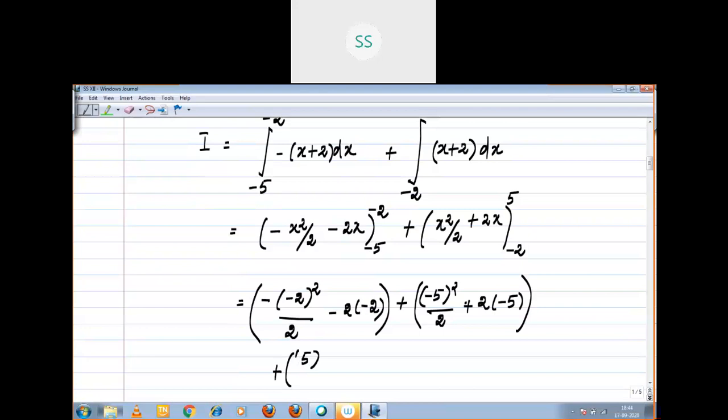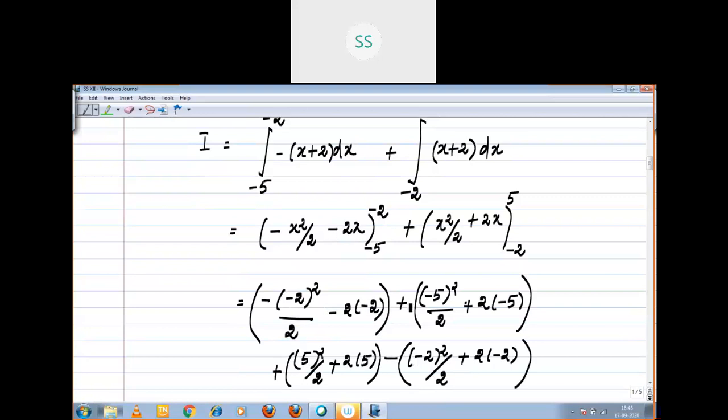Now, the same way I am going to move to the second bracket. Plus 5 the whole square by 2 plus 2 into 5 minus minus 2 the whole square divided by 2, upper limit minus lower limit. 2 into minus 2, what is it children? Again I will explain, you listen.